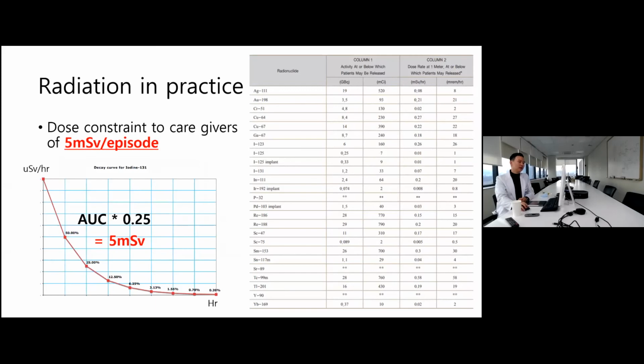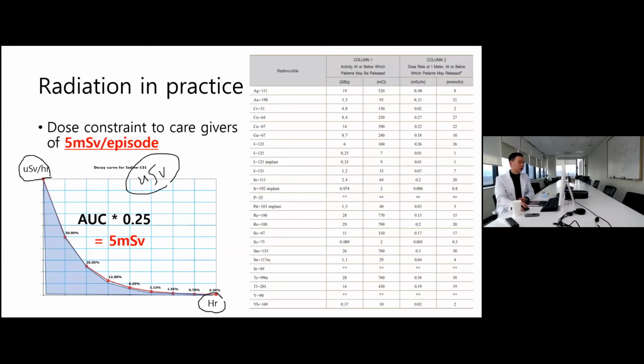And it is also easier if you know the dose rate. When you see a graph with time and dose rate on the vertical axis, the area under the curve directly shows the dose.